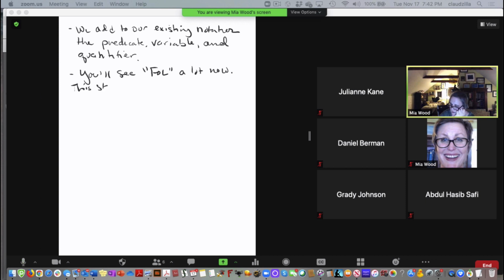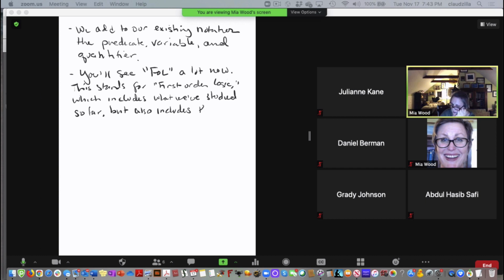This stands for first order logic, which includes what we've studied so far, but also includes the quantifiers, variables, and what we haven't talked about much, but what we've used now and then, identity.